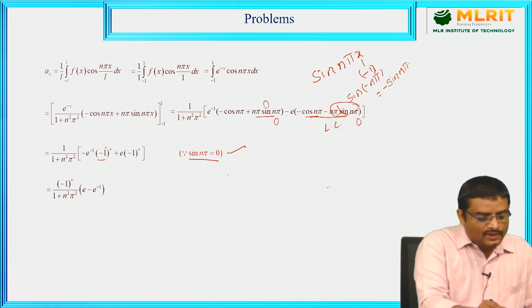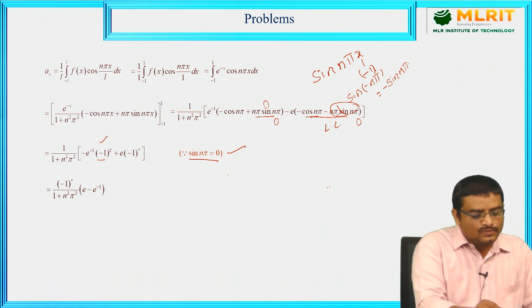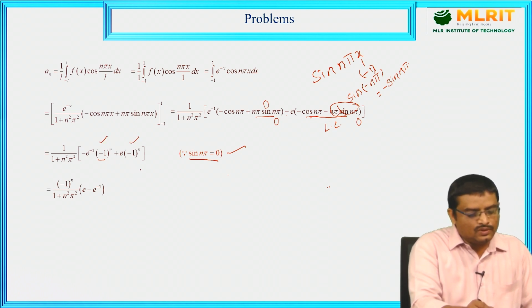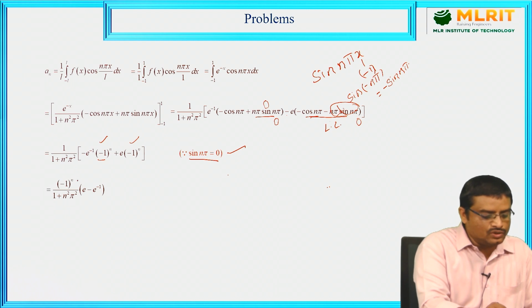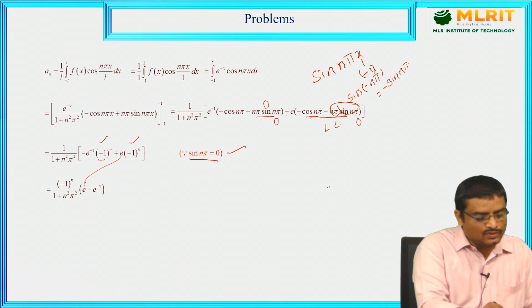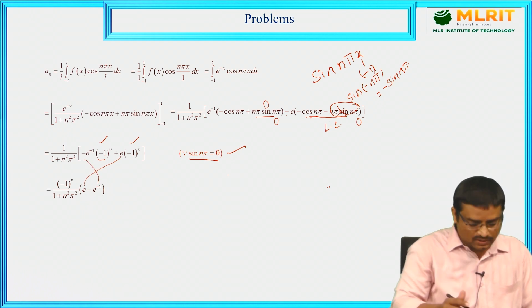So in both terms we have minus 1 whole to the power of n, so I want to take that minus 1 whole to the power of n outside. The remaining is the positive term e, and the negative term, minus e power minus 1.